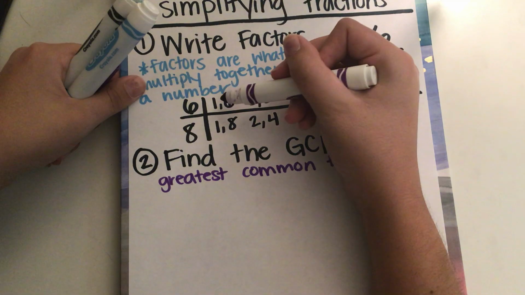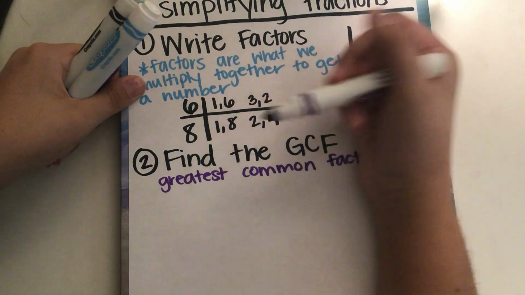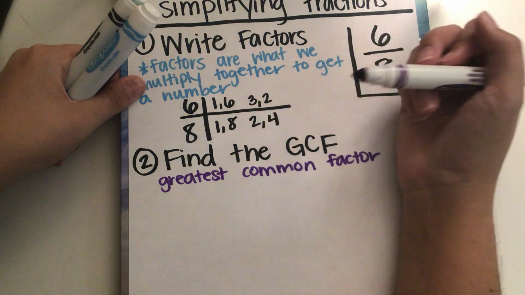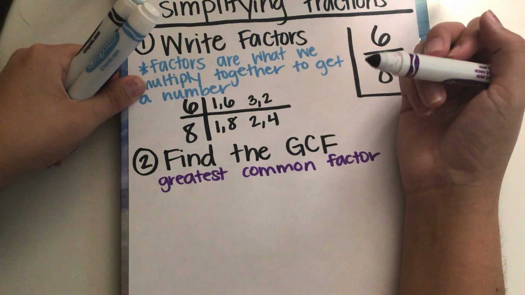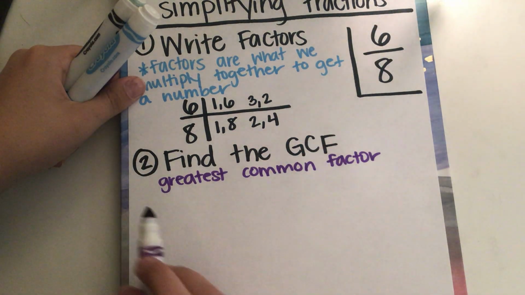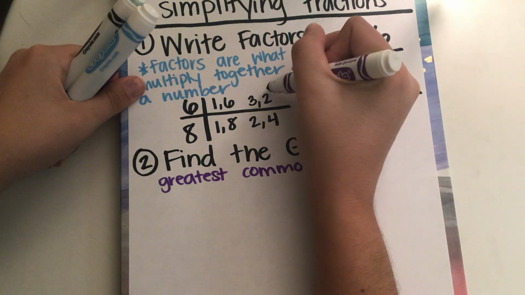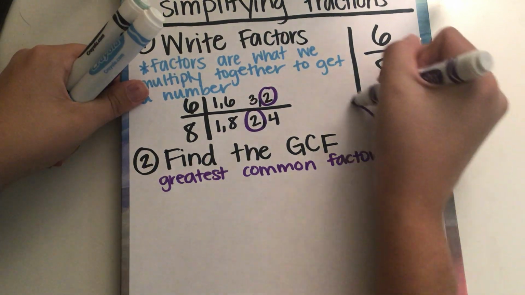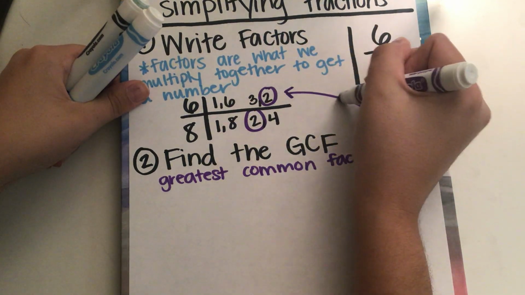So I see that I have a 1 in both of the rows, and I have a 2 in both of the rows. So my greatest common factor, for this step I use purple, I'm going to circle it in purple up here. My greatest common factor is 2.